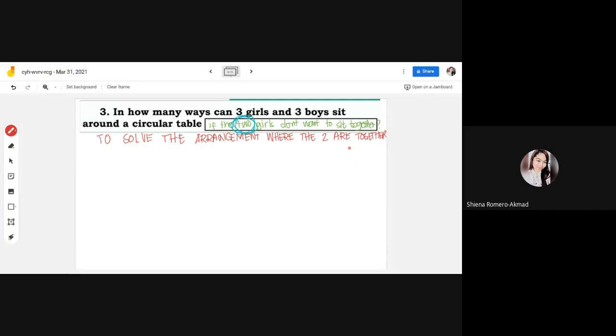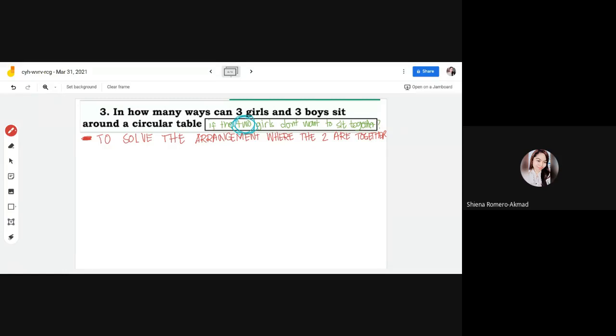Ibig sabihin, para makuha mo yung arrangement na hindi sila magkatabi, ibawas mo doon itong magkatabi sila. Subtract. Minus. Ima-minus natin yung arrangement kung saan magkatabi silang dalawa. Para makuha natin yung number of arrangement na hindi sila magkatabi.